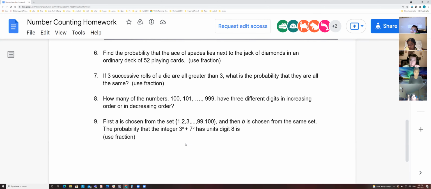So basically 1 out of 26. So you can be either there or there.